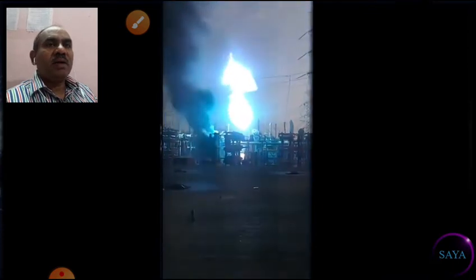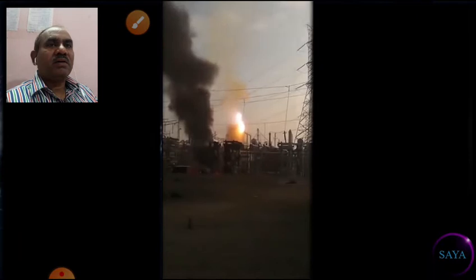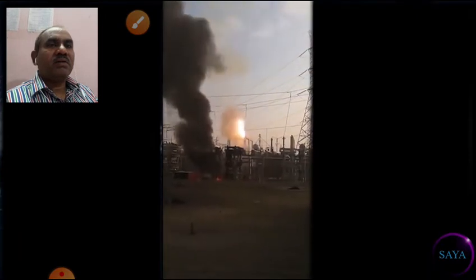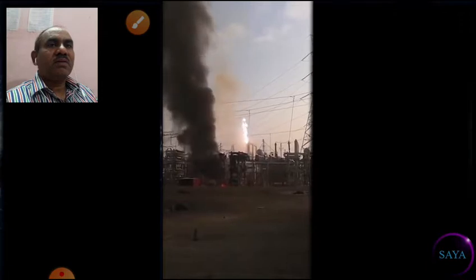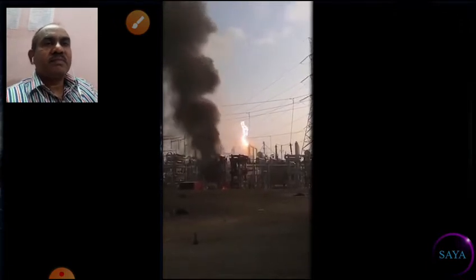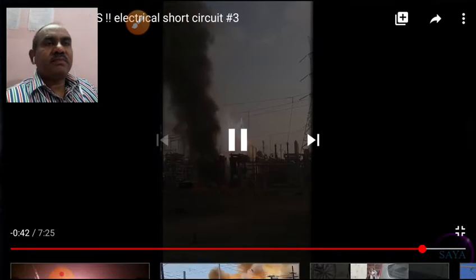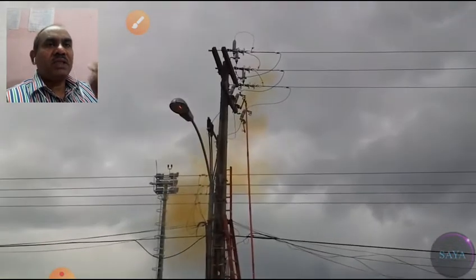And now transformer burning in substation. Simple distribution system also. So while closing the switch, you can see it.